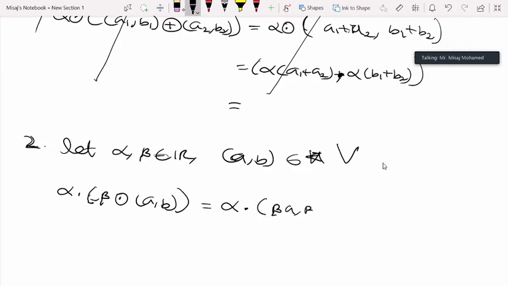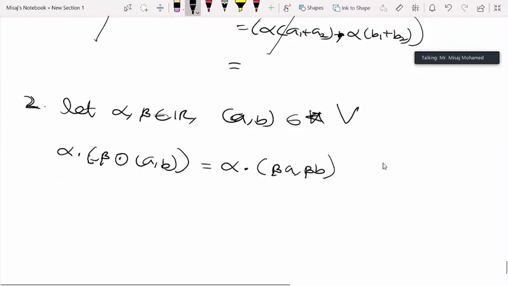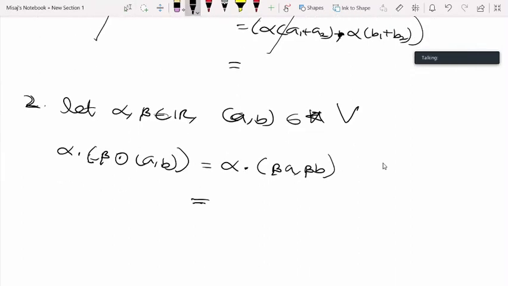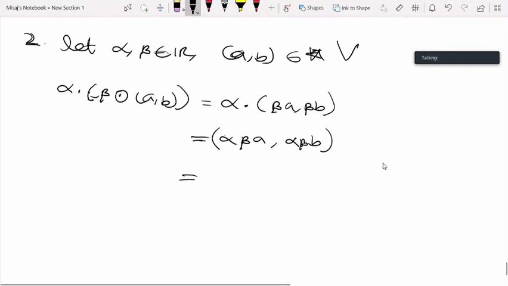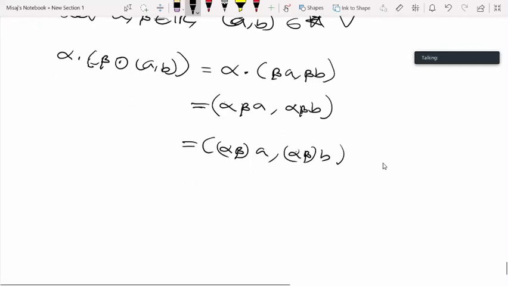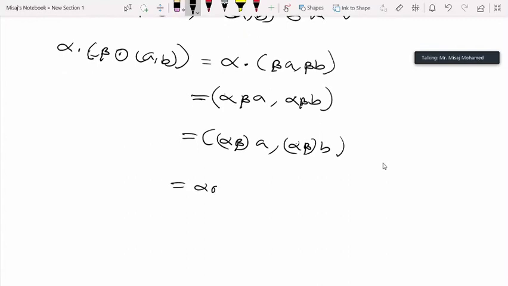(Beta A, beta B). Now what will happen? (Alpha beta A, alpha beta B). So alpha beta I can take out: alpha beta dot (A, B). Is that correct now?